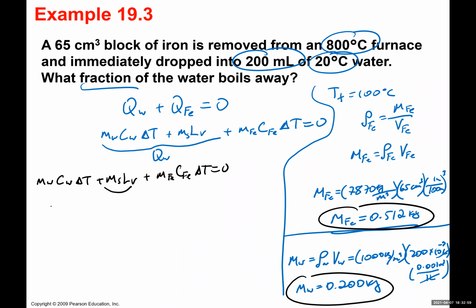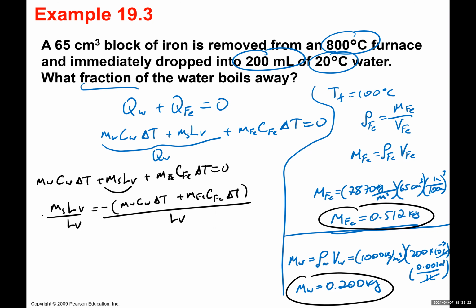So I can say mass of the steam times LV is equal to, moving the other two to the right, minus mass of water, specific heat of water times delta T plus mass of the iron, specific heat of iron times delta T. Then if I divide both sides by LV, I can get mass of the steam.